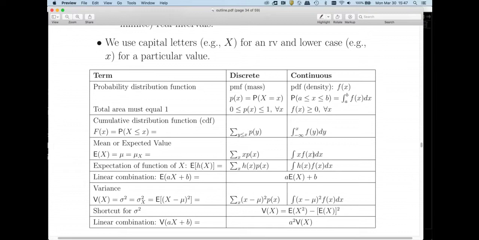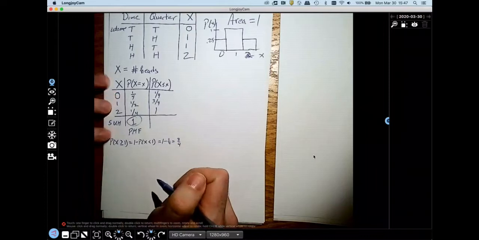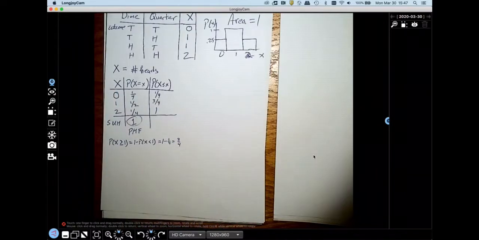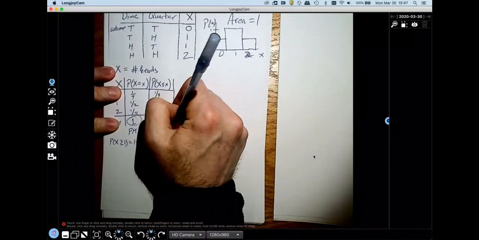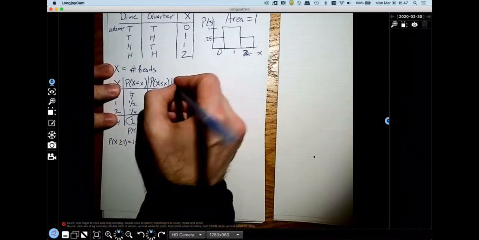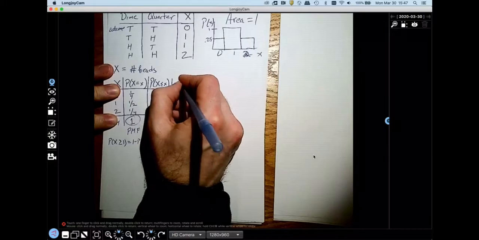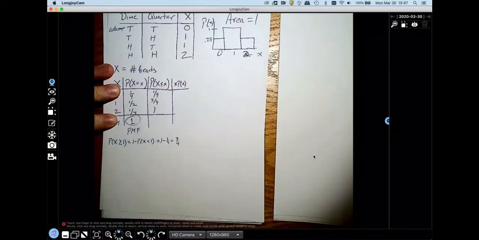All right, so let's see this in action over here. Remember what our mean is. Think of it as how many heads do you expect to occur? So if you throw the dime up and the quarter up, how many heads do you expect? I'm going to make myself a new column here: x times the probability of x.